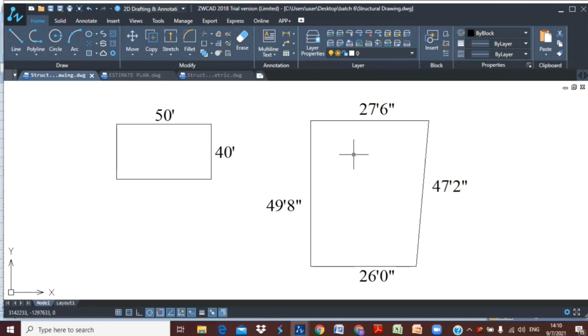And this is our irregular one. In the irregular area, we have different lengths like 27 feet 6 inches, 47 feet 2 inches, 49 feet 8 inches, and this one is 26 inches. So let's start.